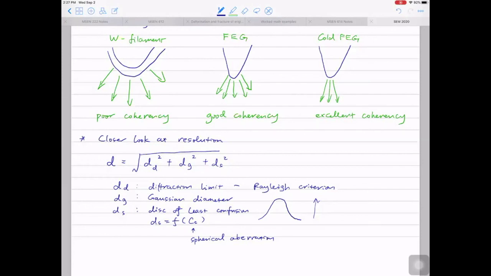Then the cold FEG has the best, or the smallest, Gaussian diameter. In both cases, if the electrons travel at the same speed, then in theory they should have the same resolution. But the choice of filament can make a difference.